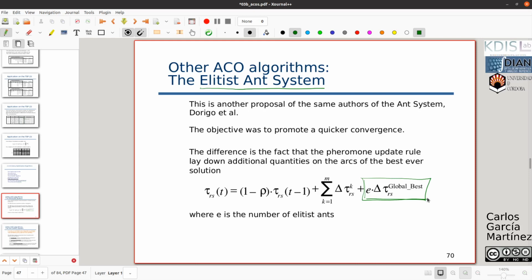So in that case, the arcs of this solution would not receive any pheromone contribution. So they came up with this version, and obviously this algorithm provides a higher intensification, so it promotes a quicker convergence.